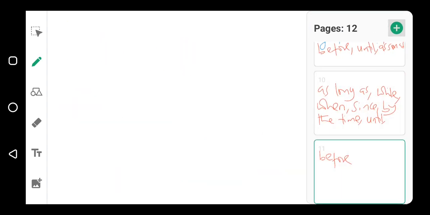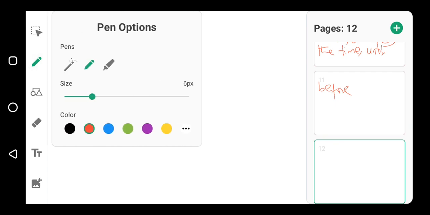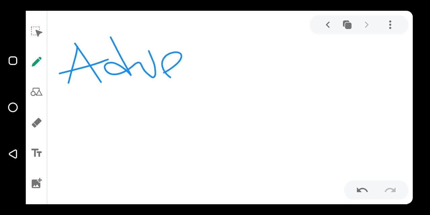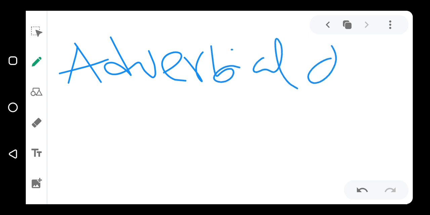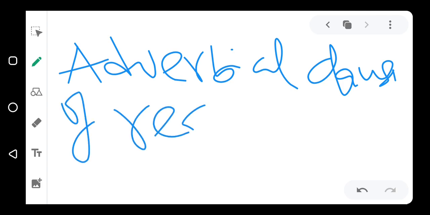Okay, we have a third one. We call it adverbial clause of reason. This one answers the question why. When somebody asks you why, the person is expecting a reason from you.